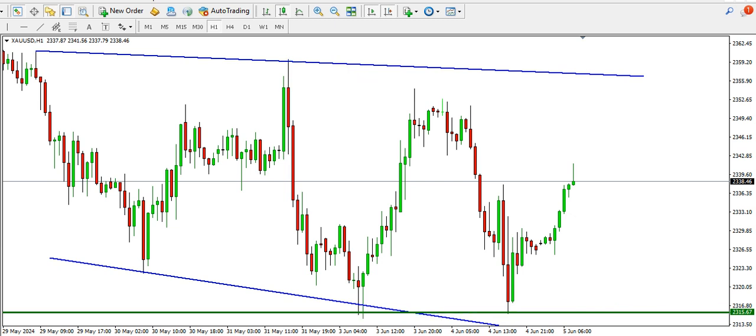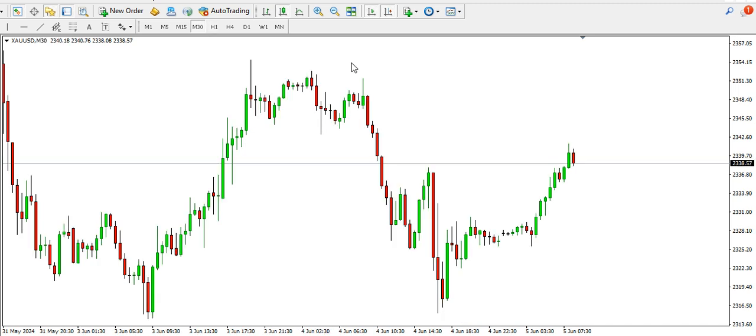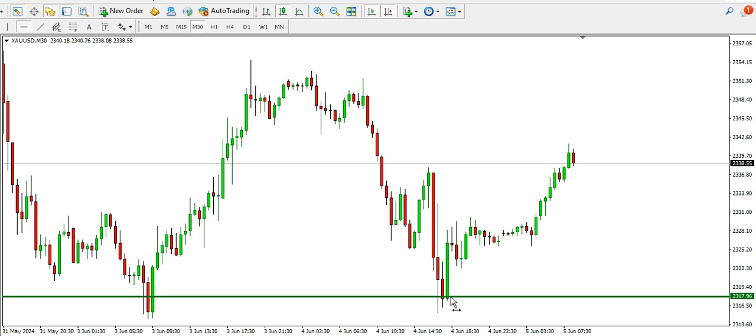Let's take a look at the 30 minutes time frame. For now, on the 30 minutes time frame, the buyers were able to pick up some orders at this particular order block, and price has been going up.